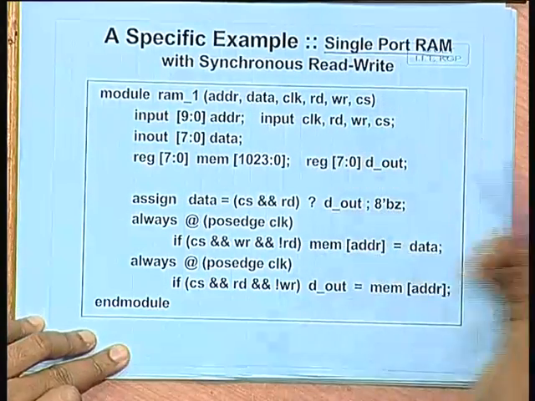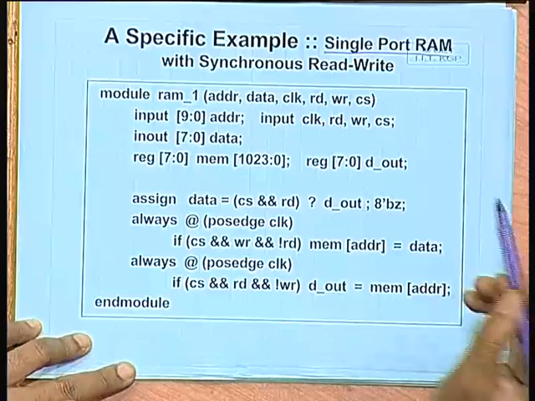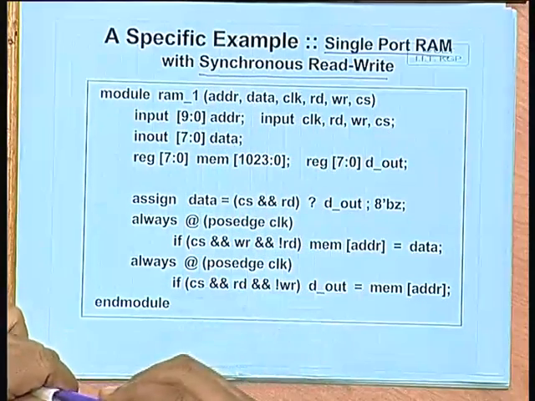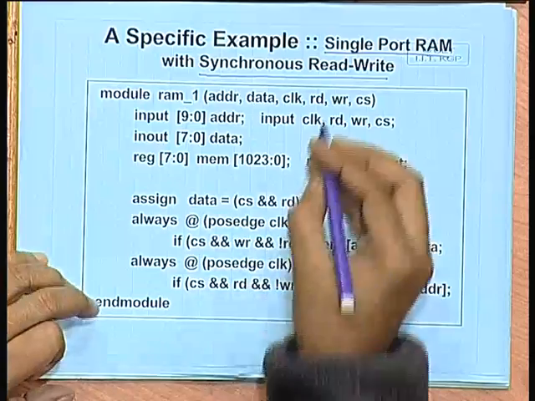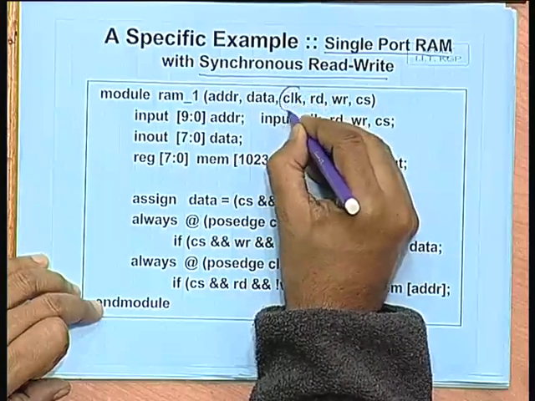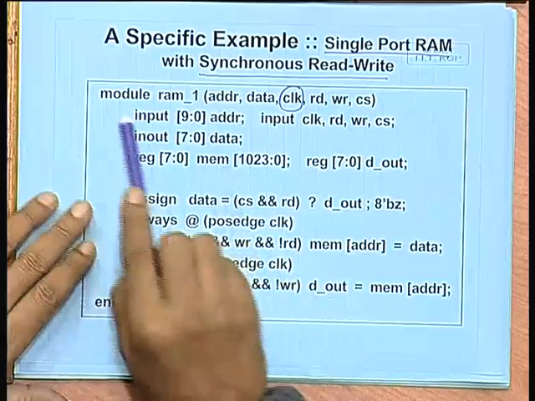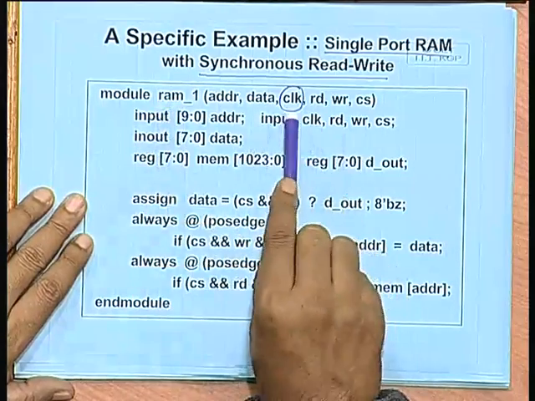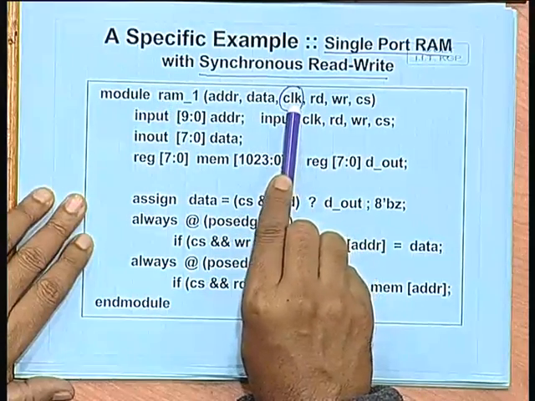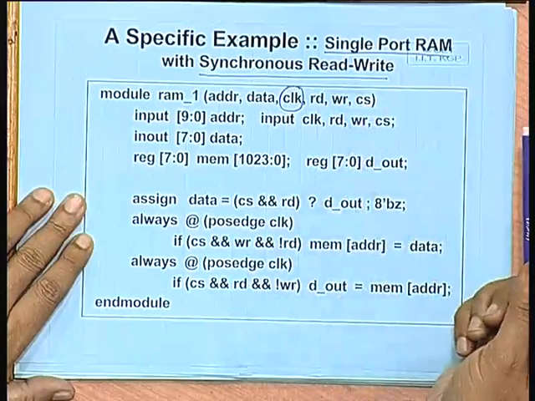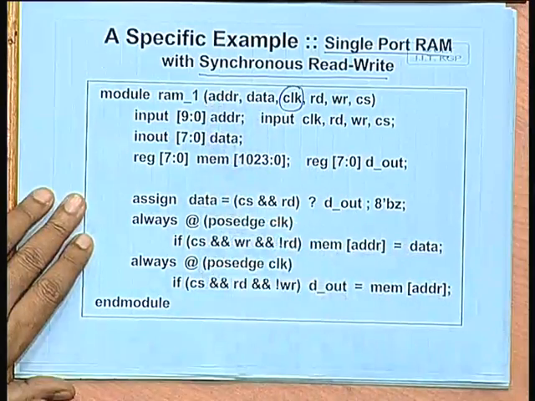Single port RAM means there is only one read write access port with synchronous read write. Synchronous read write means all read write are taking place in synchronism with a clock. So, in this module there is a clock signal, there are read, write and chip select as usual for memory chips, and we have the address and the data.